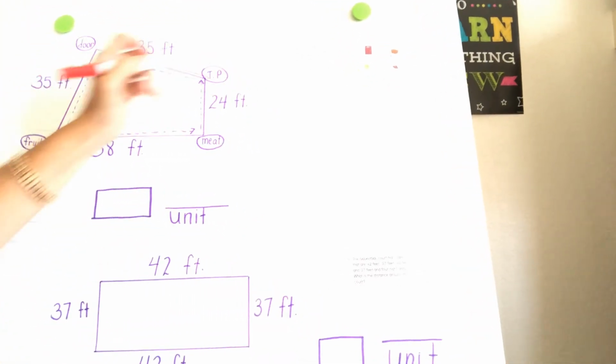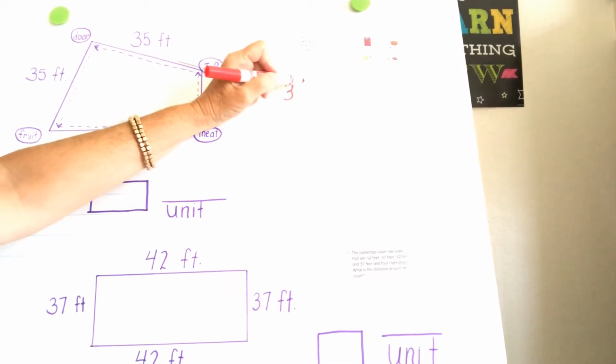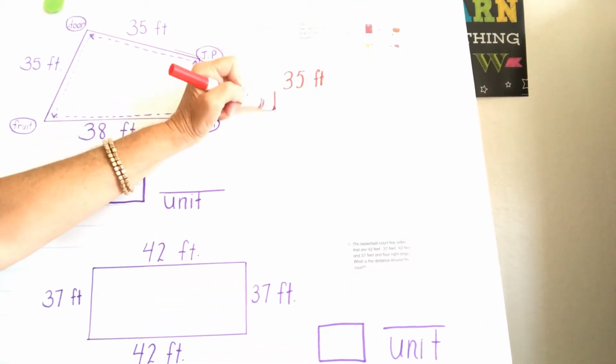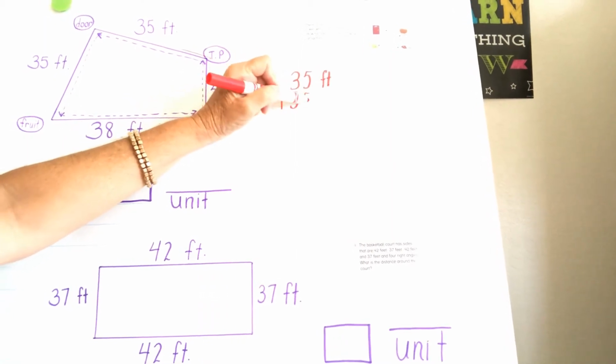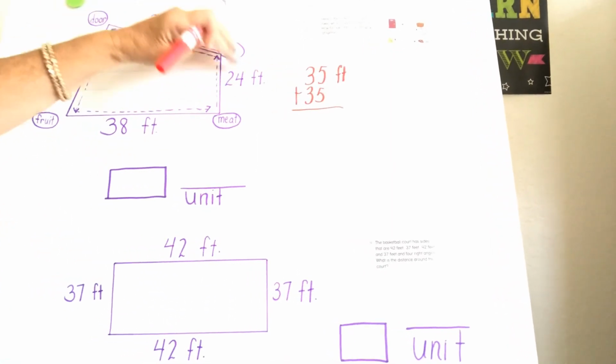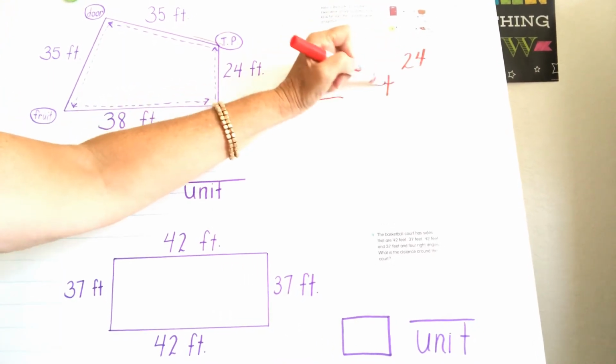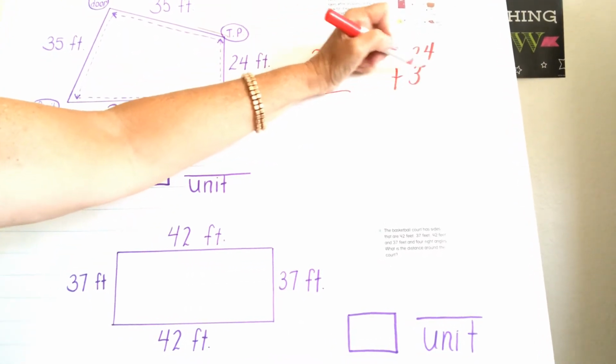So what we're going to do is we're going to add them. I'm going to add 35 feet plus 35 feet. And I'm going to add 24 feet plus 38 feet.